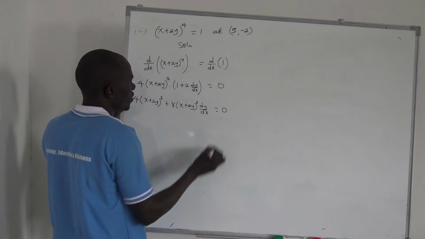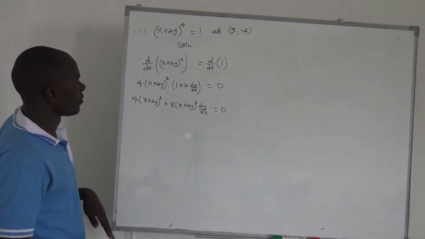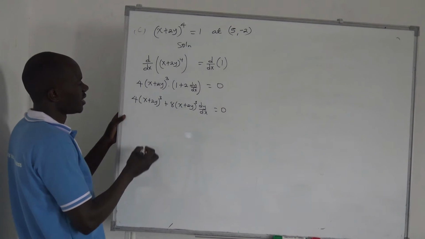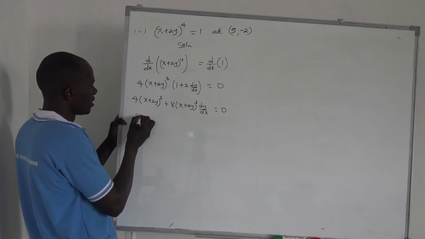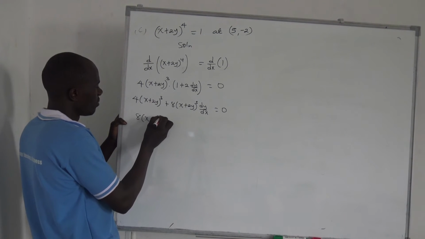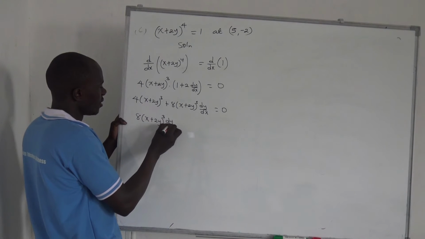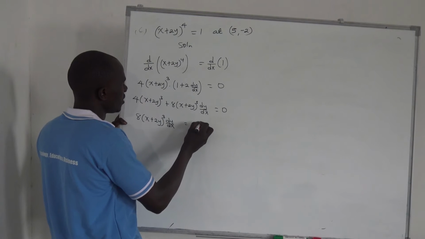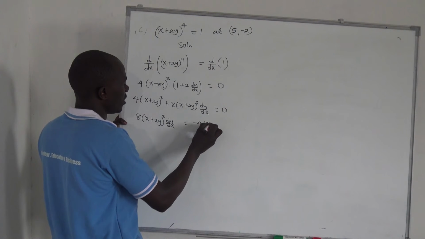The whole thing equals 0. So 1 remains with dy/dx. This one is a positive. When the positive comes, what? A negative. We're going to remain with 8(x + 2y)^3 dy/dx = -4(x + 2y)^3.